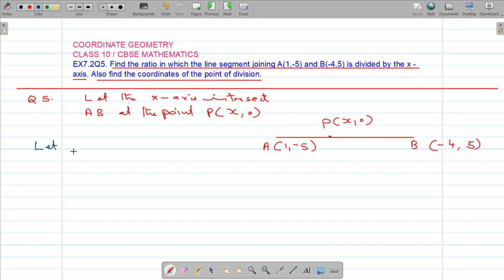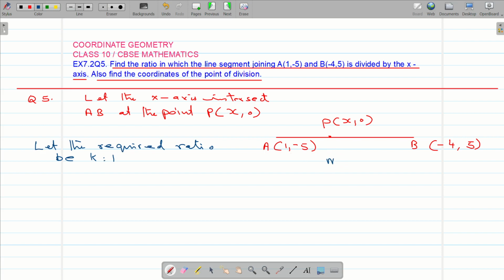Let the required ratio, that is AP is to PB, be k is to 1.